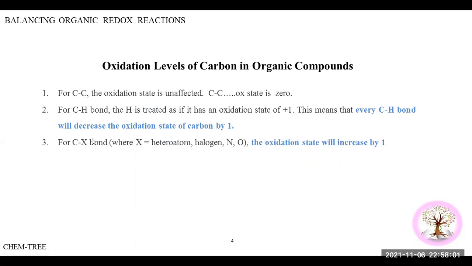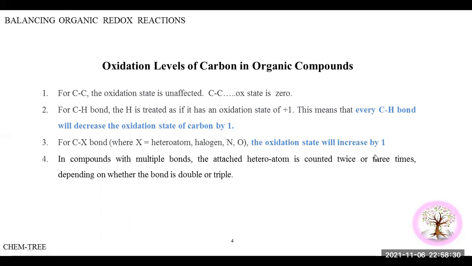For a carbon-heteroatom bond, the X may be any heteroatom, maybe a halogen, nitrogen, oxygen, or sulfur. You count -1 for this heteroatom, and in order to compensate, the carbon has a +1 oxidation state. So when a heteroatom is attached to the carbon, the oxidation state will increase by 1. In compounds with multiple bonds, you count according to the multiple bond.